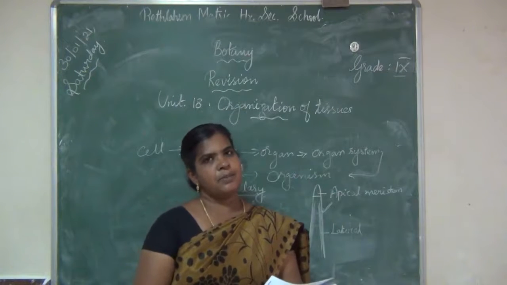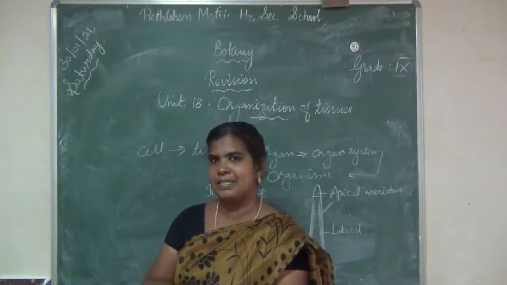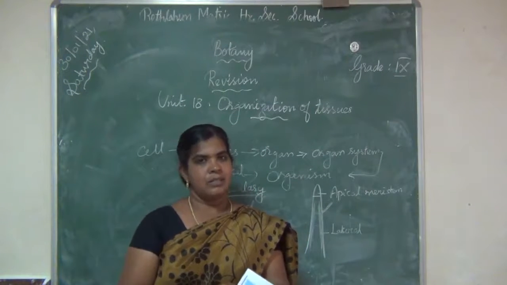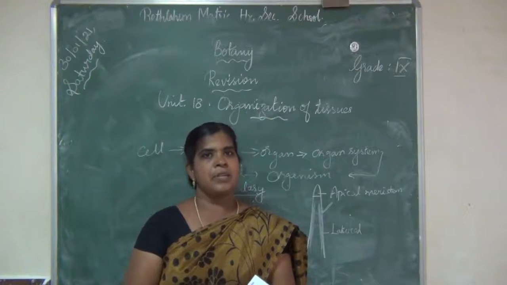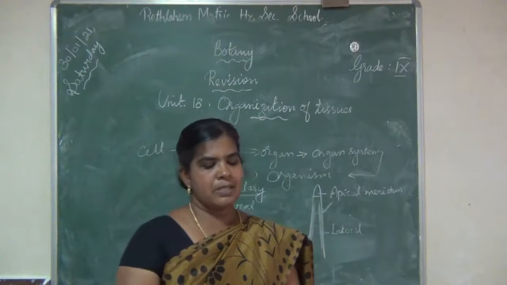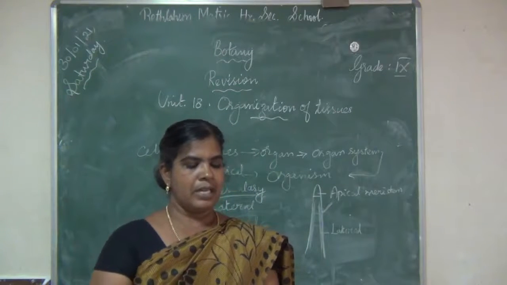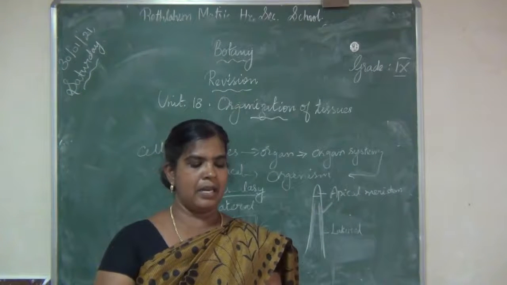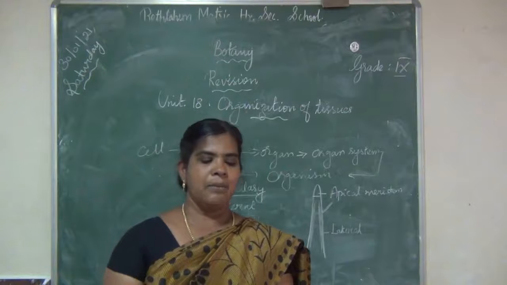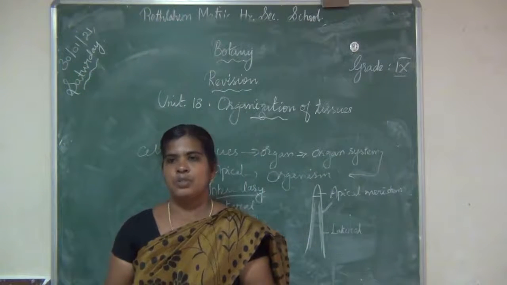It differs from apical meristem: apical meristem is found in the apices or growing points. Lateral meristem is arranged parallel and causes the thickness of the plant. But intercalary meristem lies between the permanent tissue.